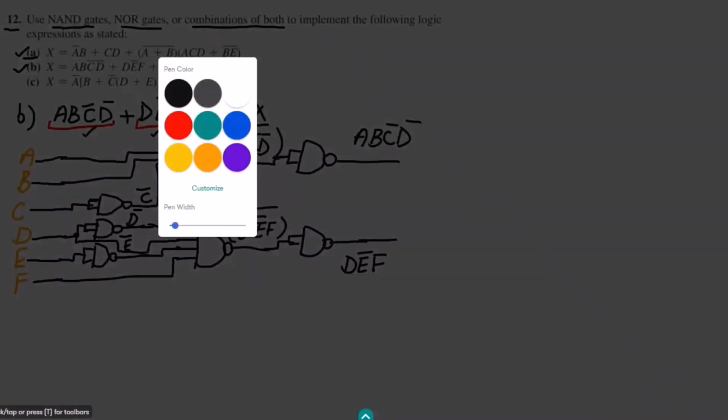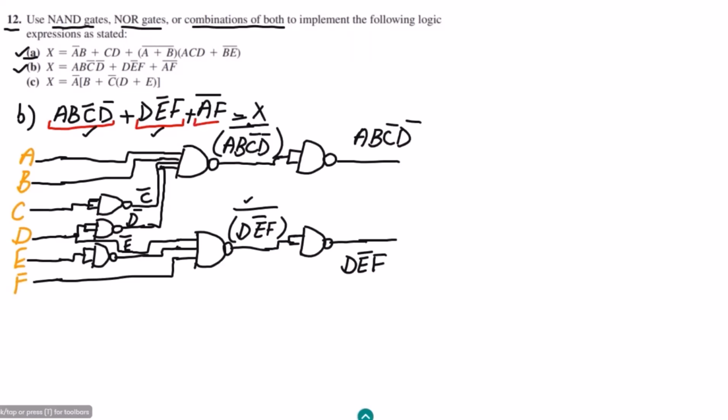Similarly, now in order to implement this third product, which is AF whole complement, I have to use the NAND gate here and simply input A and F to it, and I will get my answer. So let me get this NAND gate.